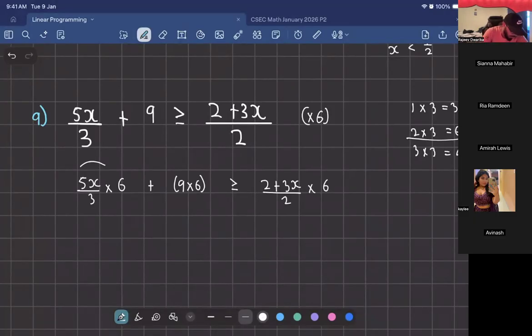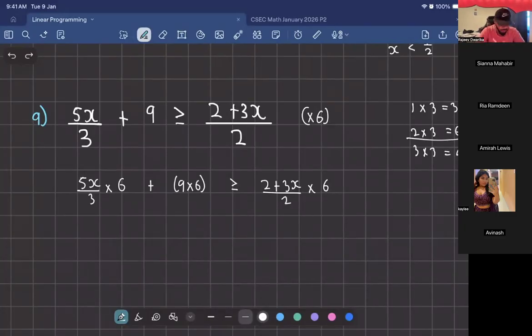So Avinash, what would this work out to be? How would the working for that look like? Check this out.